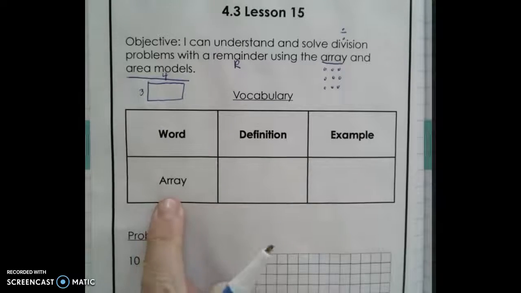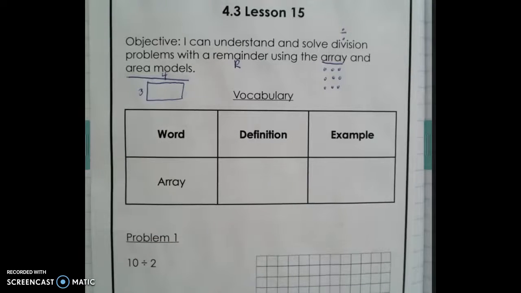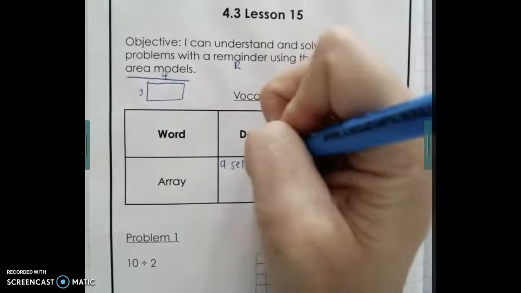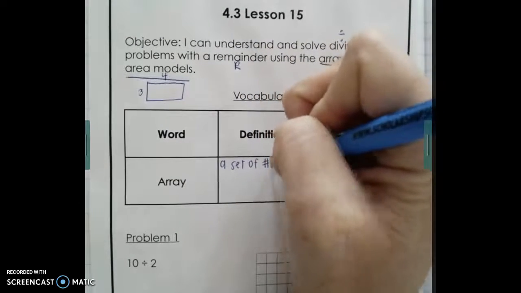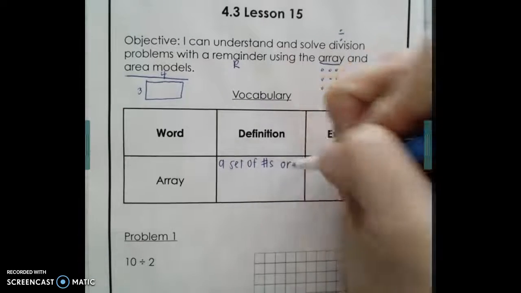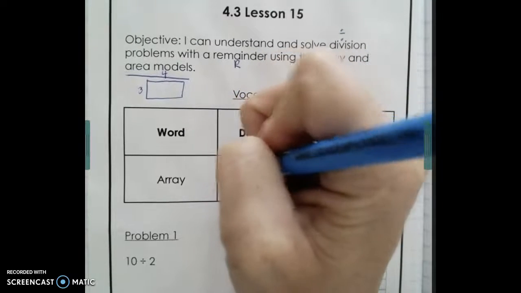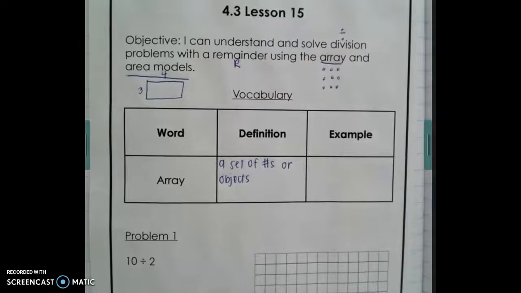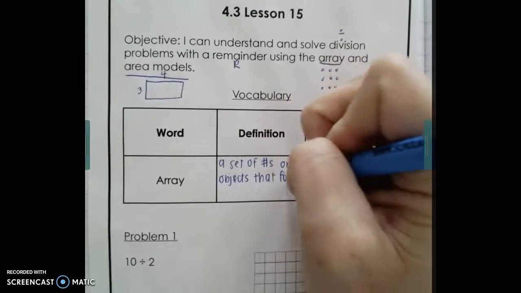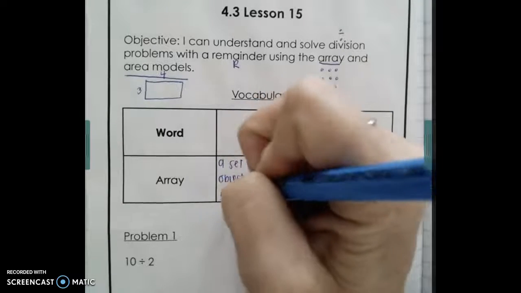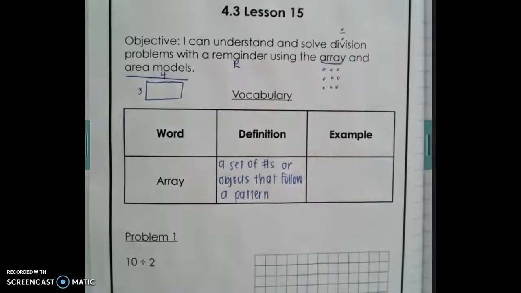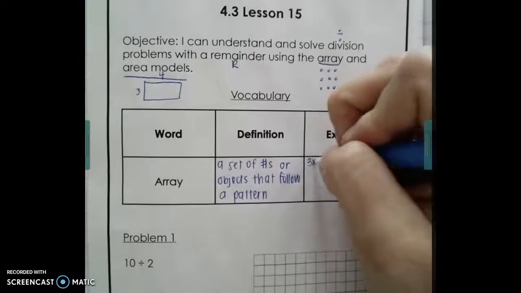So let's define array. An array is going to be a set of numbers, and we'll just use a number sign like that, or objects, so things like circles or hearts that follow a pattern. An example of this would be if I was doing 3 times 4.